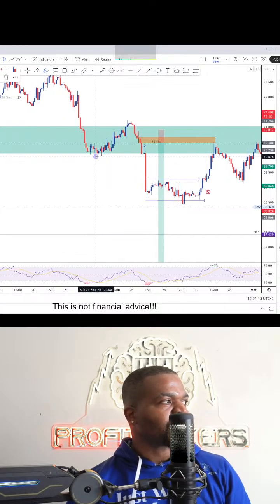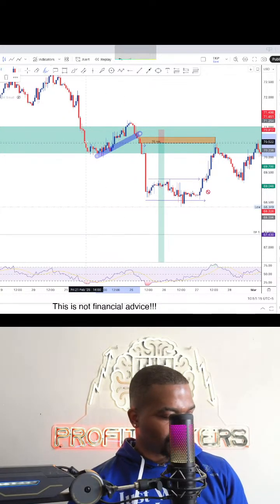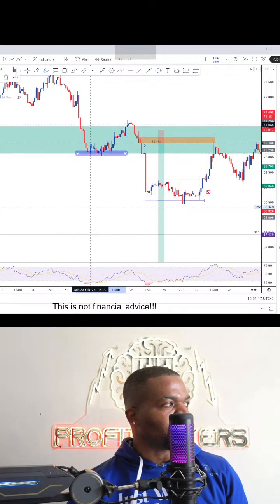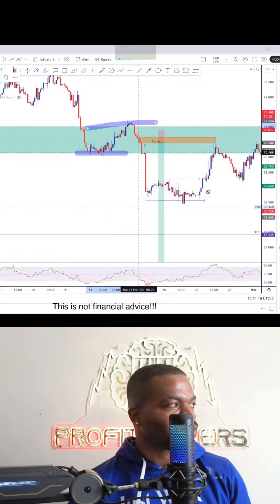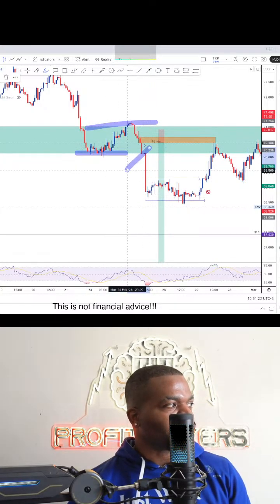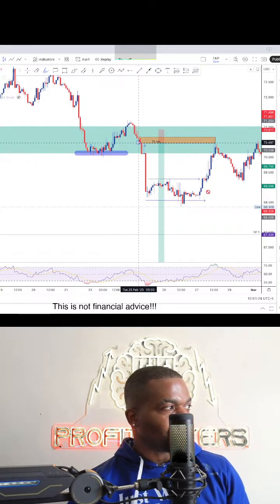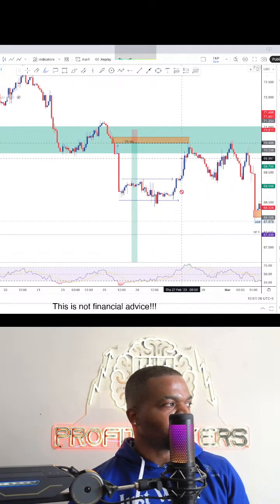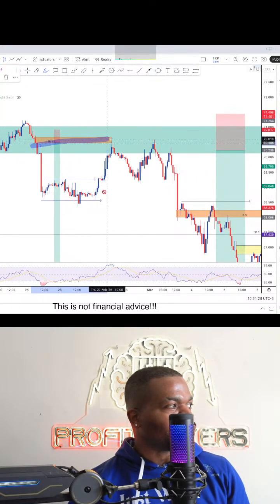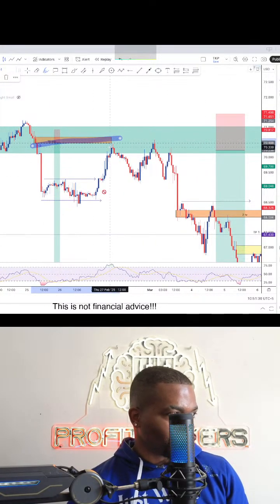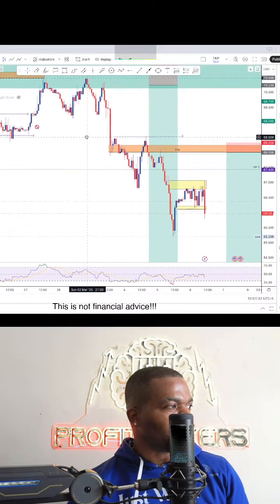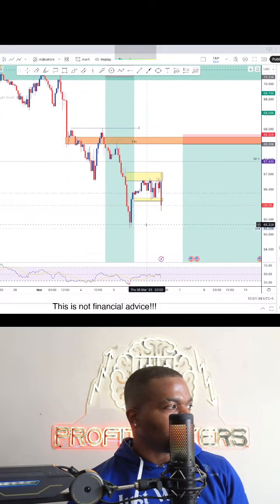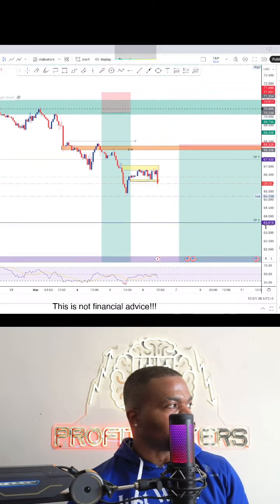Where's my highlighter? So we got this area of range. This is the break. On the 15-minute, I noticed the zone here. I placed that limit order there. We got filled Tuesday. And since then, we hit TP1, and it looks like we're still running.